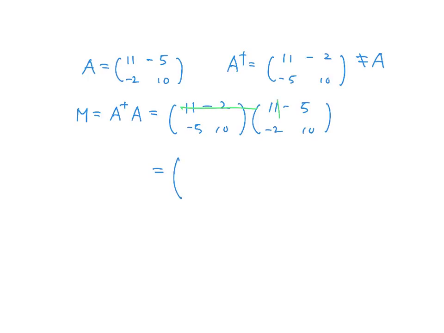Okay, what is 11 times 11? 121. And plus 4 is 125. Minus 55 minus 20 is minus 75.